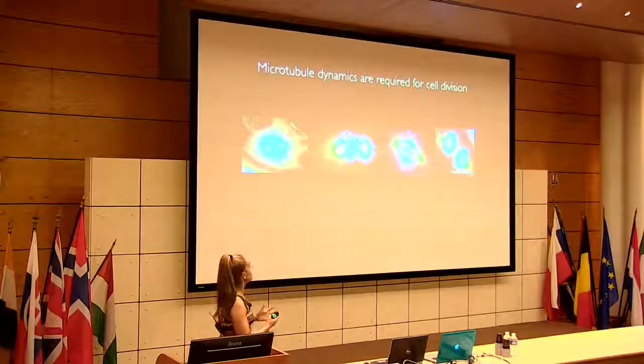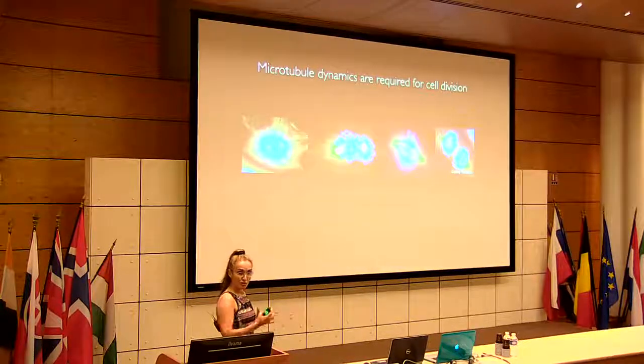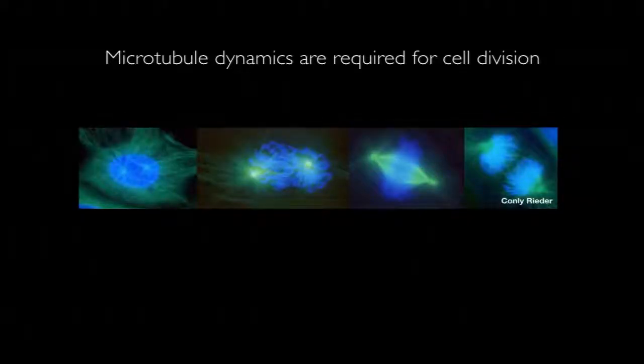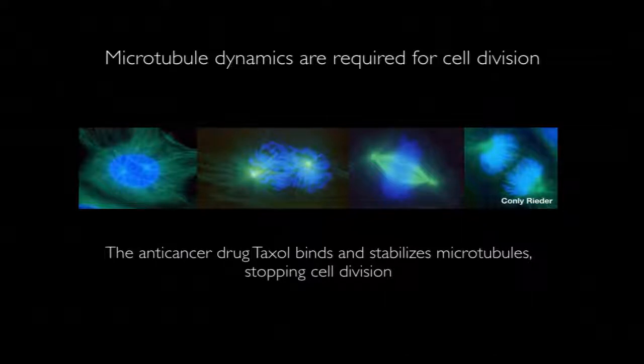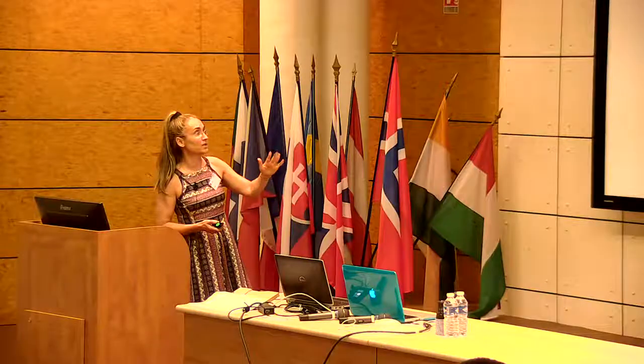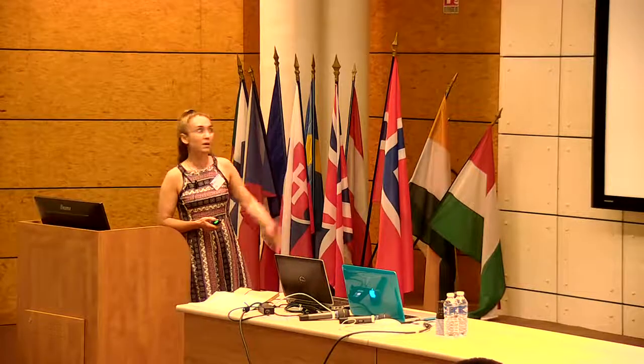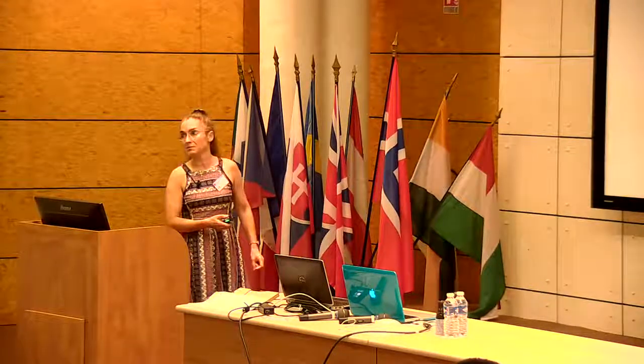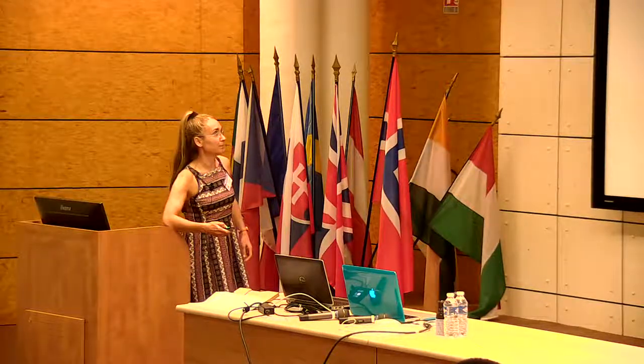And it is absolutely required for this reorganization that the microtubules are able to break apart and reform. And in fact, if you mess up this dynamic character of the microtubules using small molecules that stabilize microtubules, you stop the mitotic process, and ultimately cells commit suicide. And this is the reason why drugs like Taxol are very broadly used in cancer therapy.